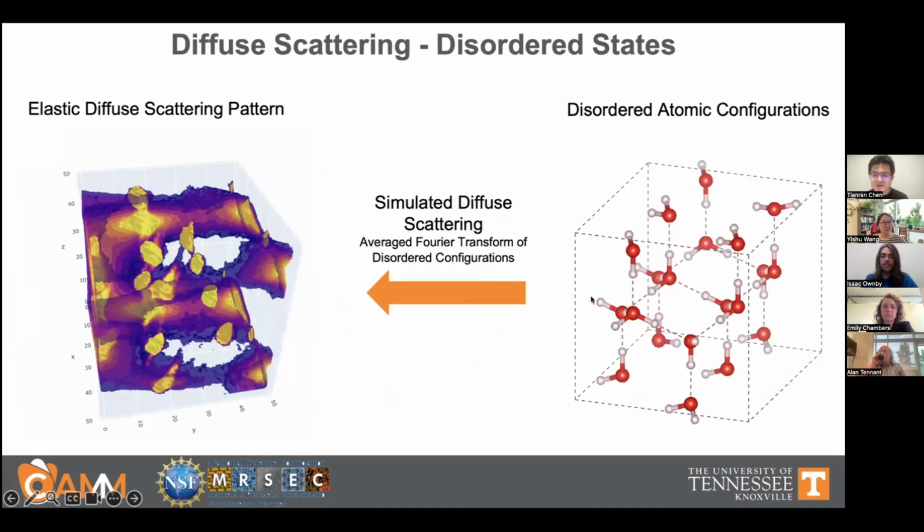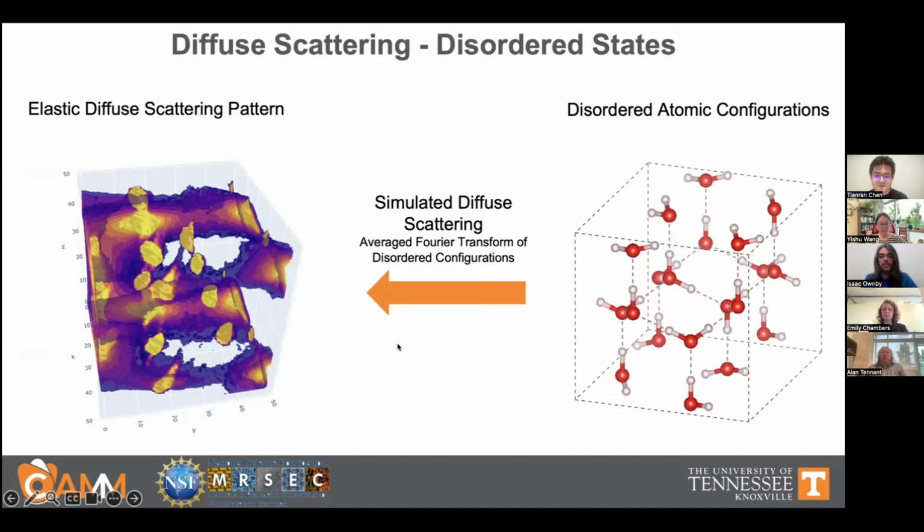Here in this figure, I'm showing the hydrogen disorder in different water crystal structures. We need to do a Fourier transform on each structure and then average over them, and we can use that simulation to compare with the neutron data. So from here, we can see that the diffraction tells about the average positions of the crystal, and the diffuse scattering tells about the deviation of the atoms from the average positions.